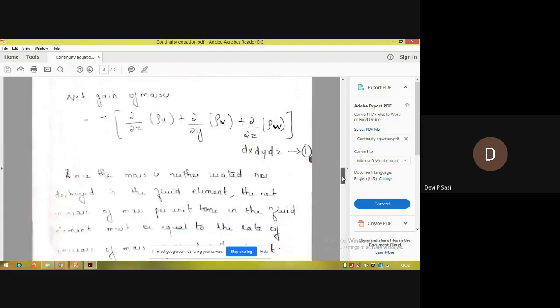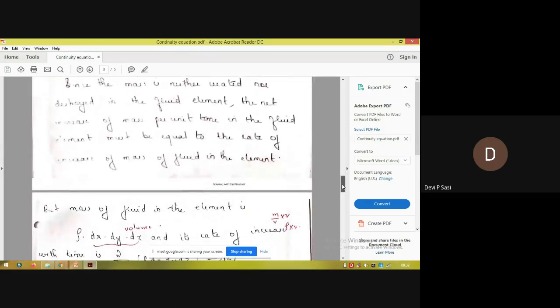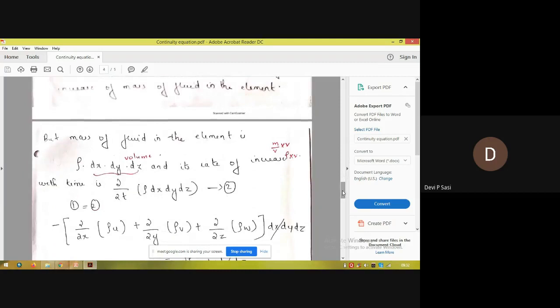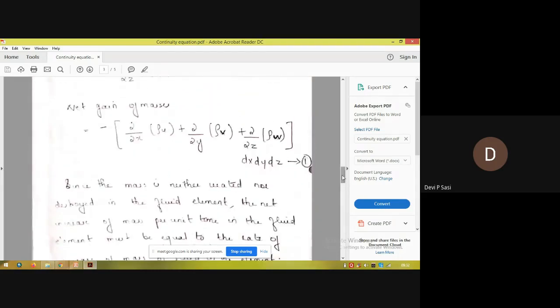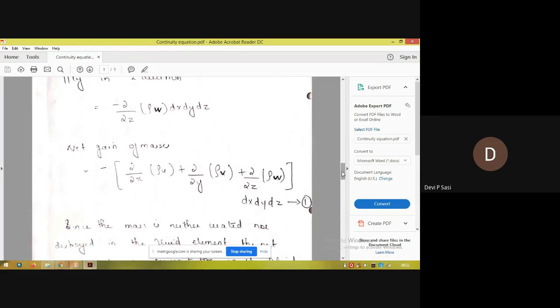You equate 1 and 2 because, according to the theory of continuity, mass is neither created nor destroyed. So we can write that the net mass is equal to the increase in mass per unit time. The net mass we have obtained in equation 1. See equation 1, the net gain of mass is represented there.